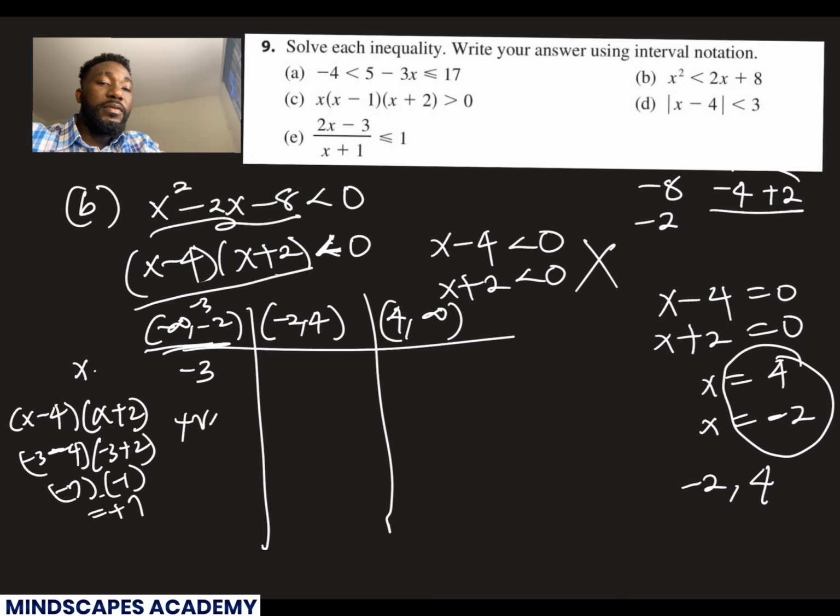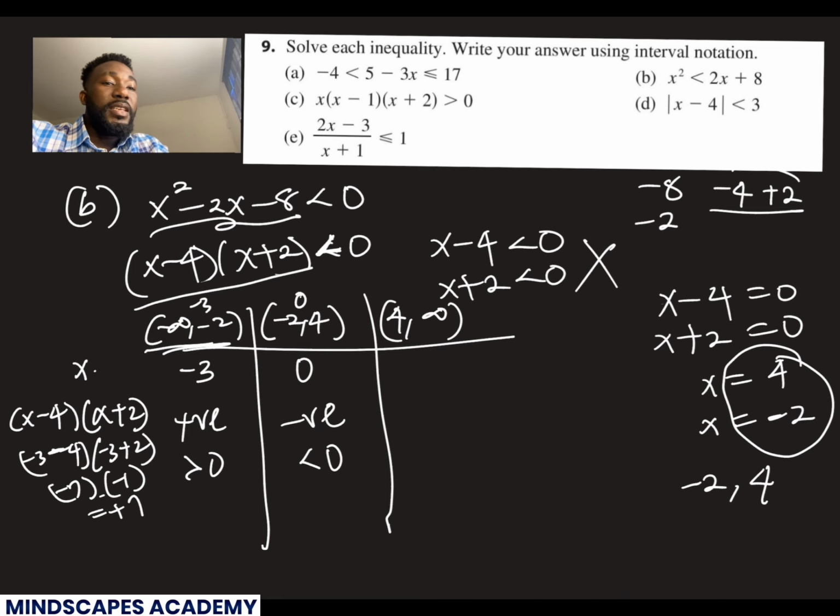So I get positive, which is greater than 0. Okay, between -2 and 4, which number can I choose? Let me choose 0. Now 0 -4 will give me -4. 0 +2 will give me +2. -4 multiplied by +2 will give me -8, which is less than 0.